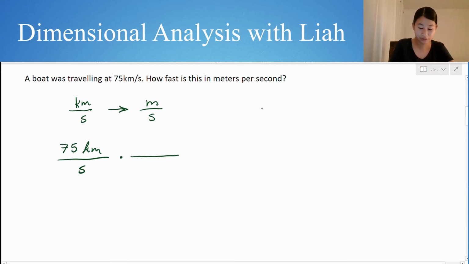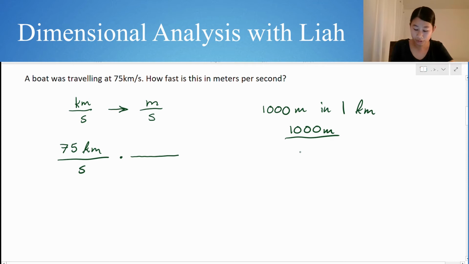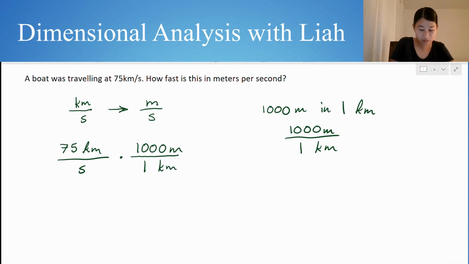So we know that there are 1,000 meters in 1 kilometer, or we can just say 1,000 meters per 1 kilometer. Now, seeing that we have kilometers on top and on the bottom, we can go ahead and cancel out kilometers, leaving us with meters per second.